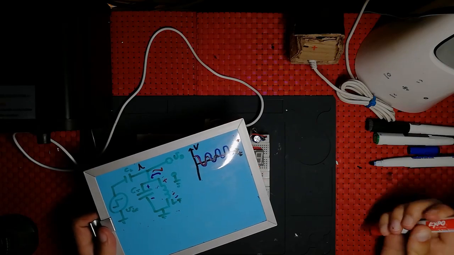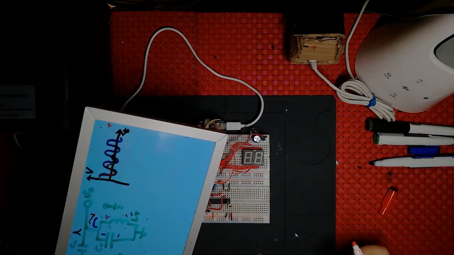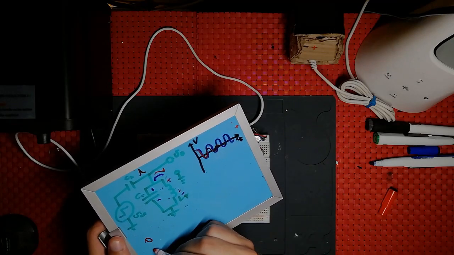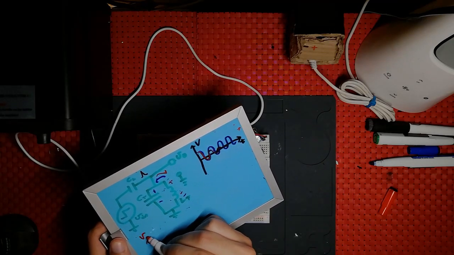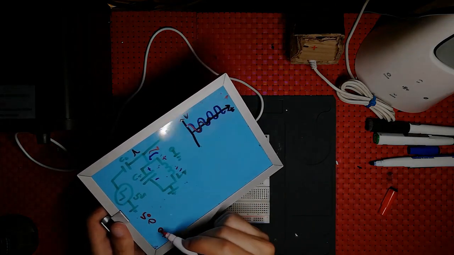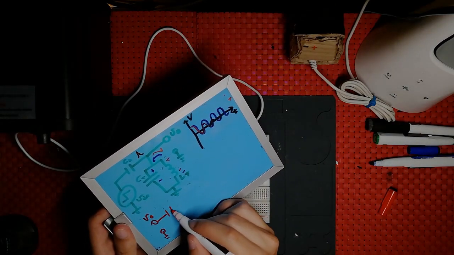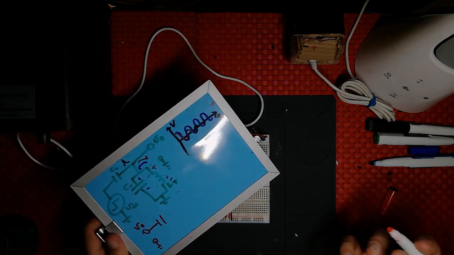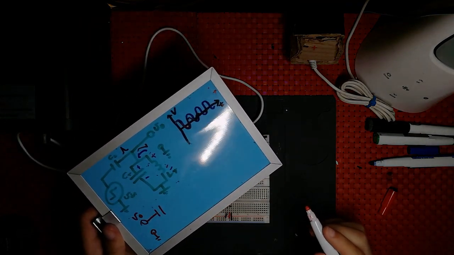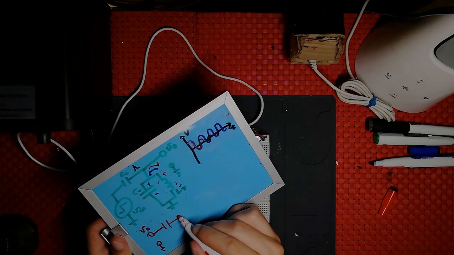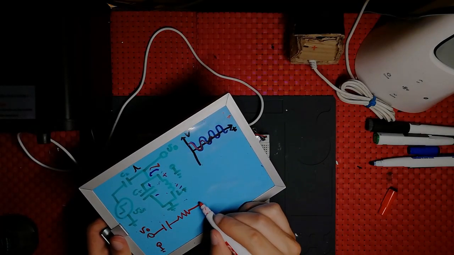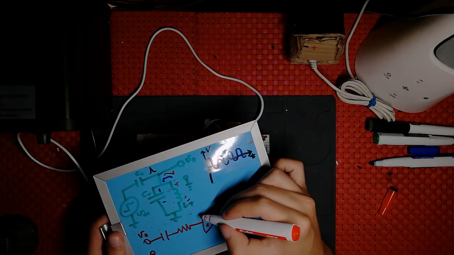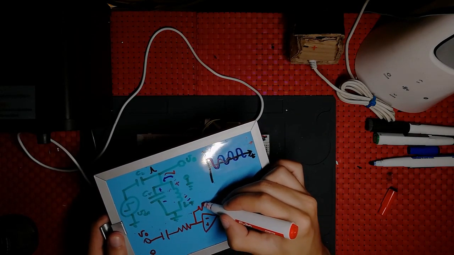So after that, what I do is, this is the same one as over here. I pass it through a DC blocking capacitor, which is going to remain unnamed, and then it goes through an op-amp to be amplified.